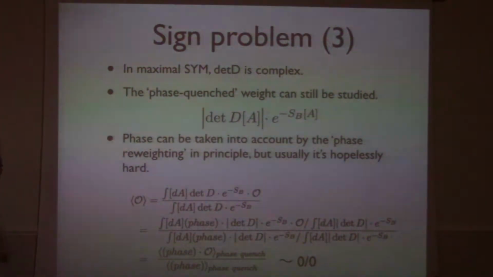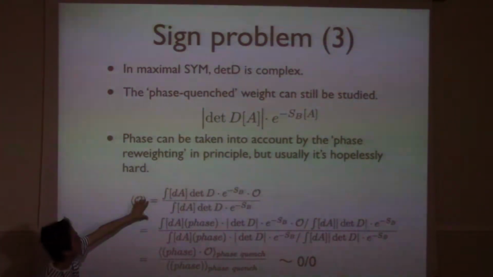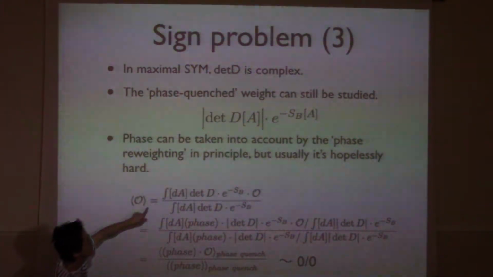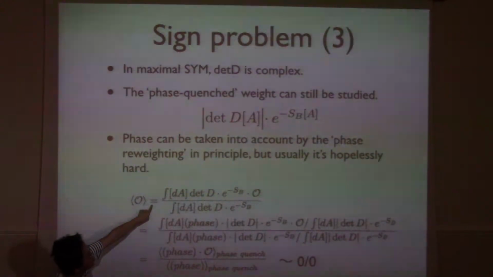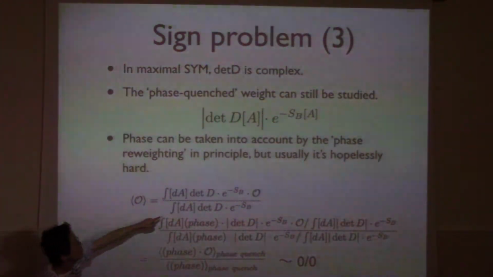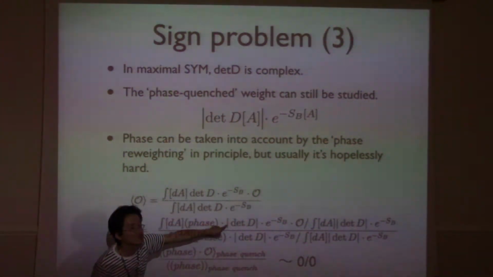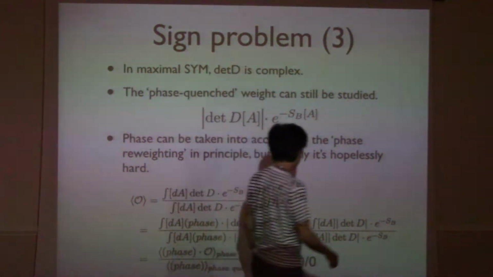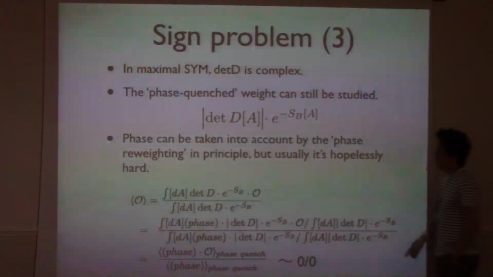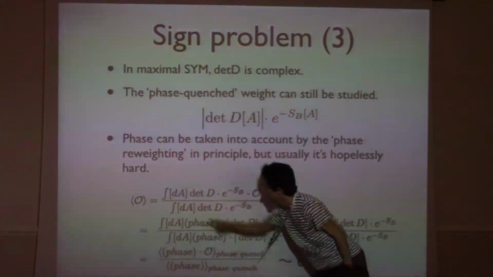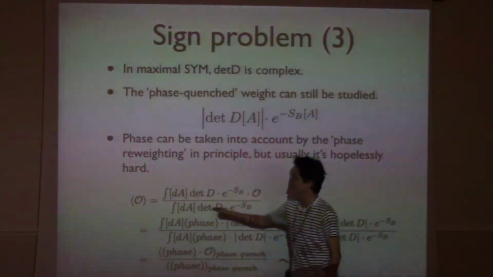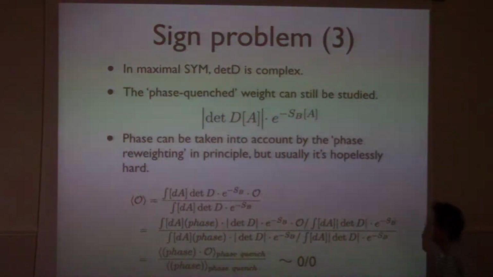Okay, and the crucial thing was that we can rewrite this exact definition. This equality is just by definition. But we can rewrite this determinant as phase times absolute value. And we multiply, so this and this are the same. And this part is just the same as this.